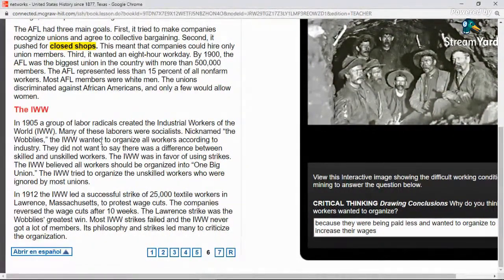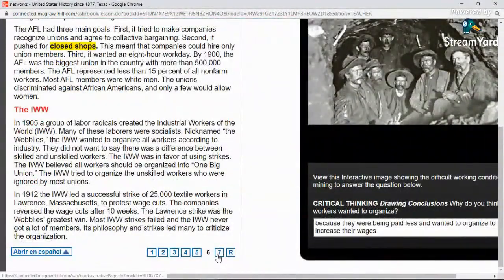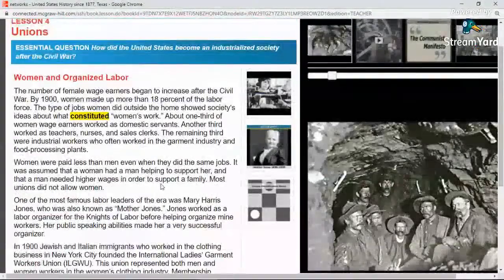That was their biggest win, but they also had a lot of failure in strikes. And because of their philosophy that was more socialist and wasn't as organized as Gompers, their union was not as popular.